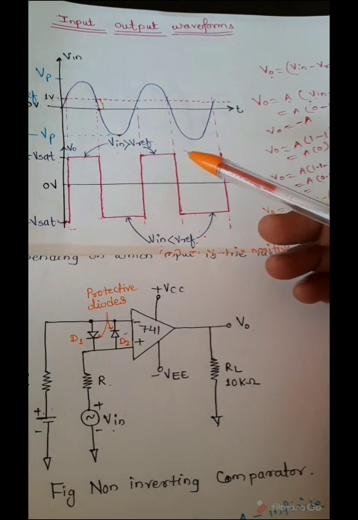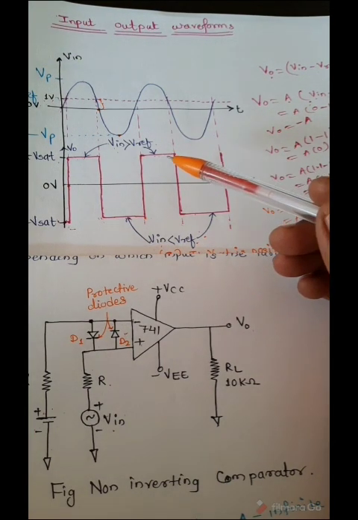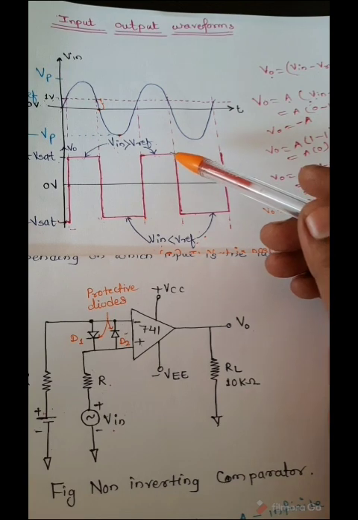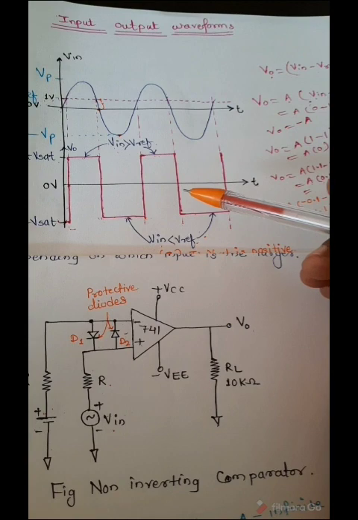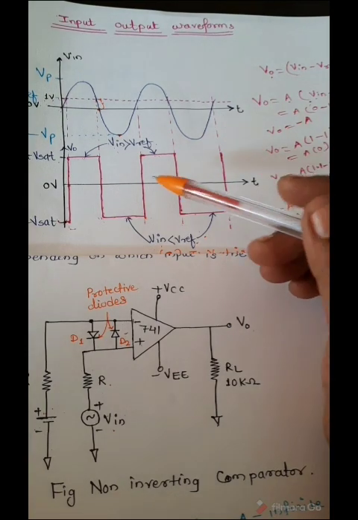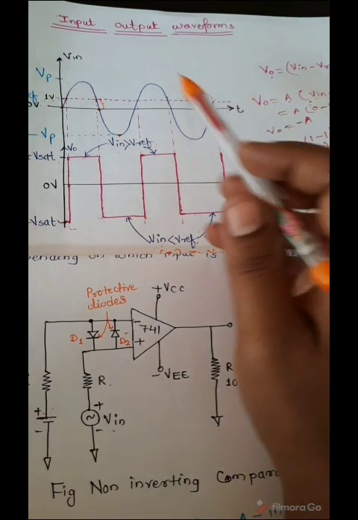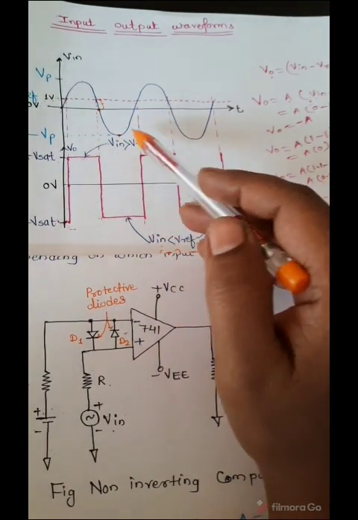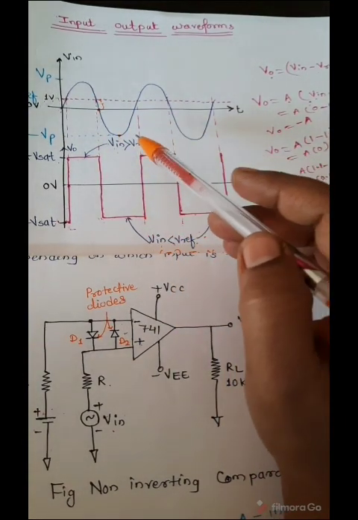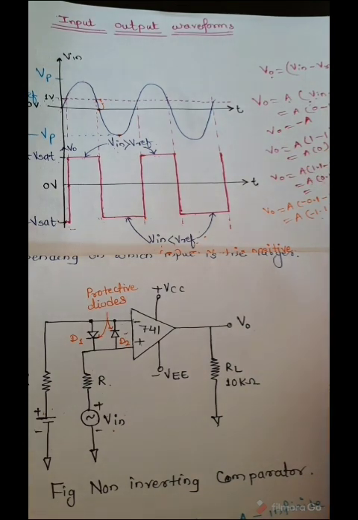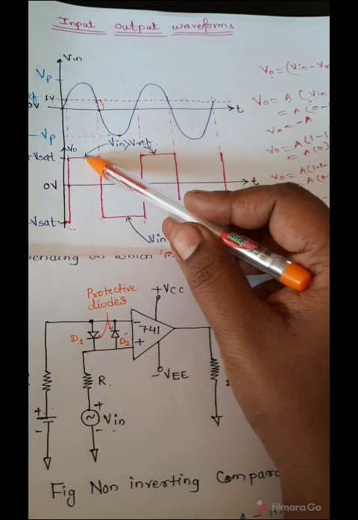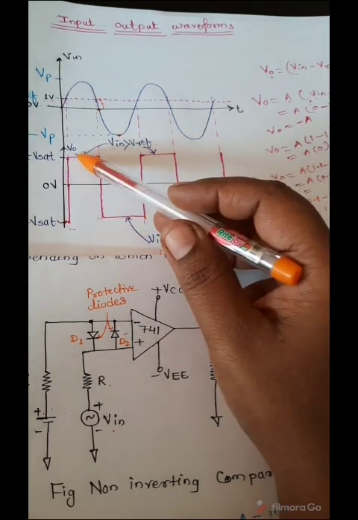So the comparator is sometimes also called a voltage level detector, because for any desired value of reference voltage, the voltage level of input V in can be detected. That is why this circuit is called a voltage level detector, or it can also be called an analog to digital converter, because it will have only two output states.